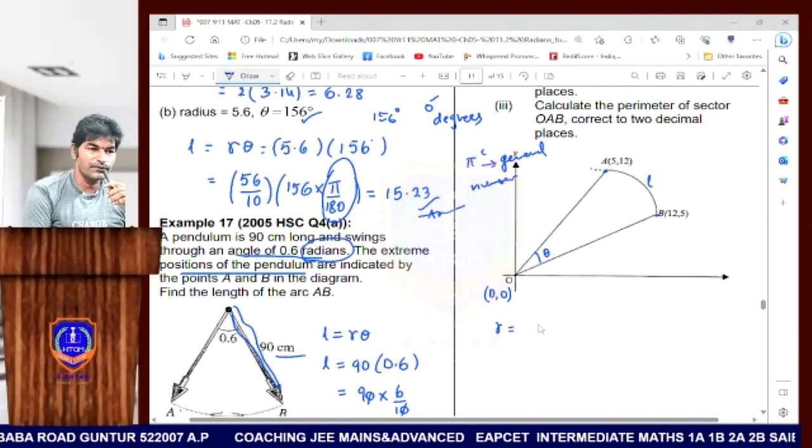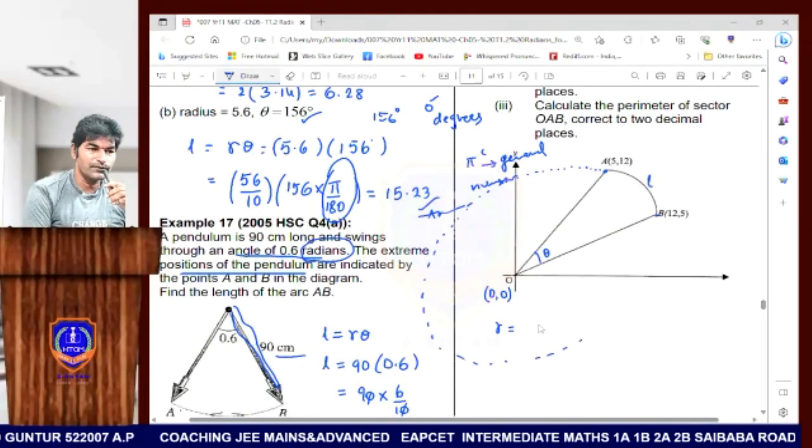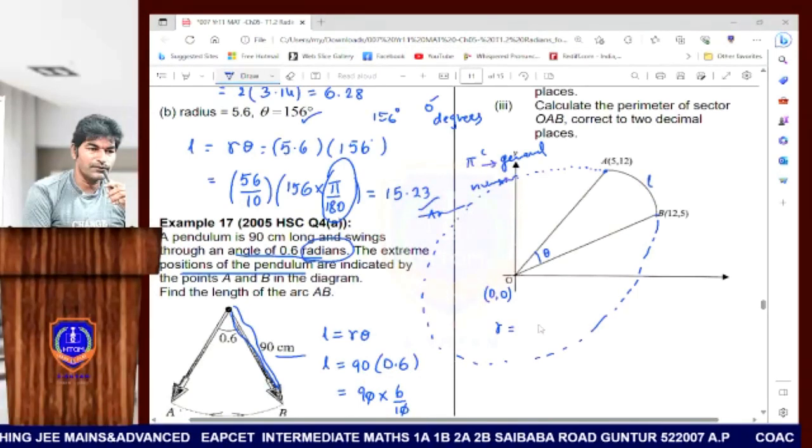If you extend this arc, actually it is a circle, but I drew it like an oval, so assume that this is a circle. Tell me, what is the radius? It is OA or OB. This part is the radius.